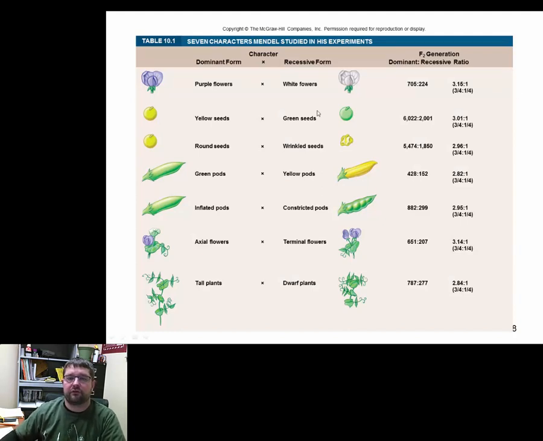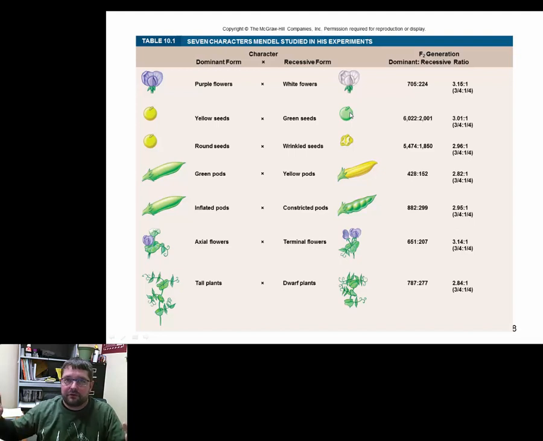So here is just a table of his experiments. Purple flowers are dominant to white flowers. And he found the ratio of purple to white to be 3.15 to 1, or almost 3 to 1. Yellow seeds are dominant to green seeds. Now, most of you are like, oh, this is weird, because I only eat green peas.